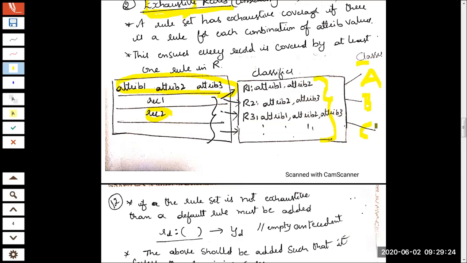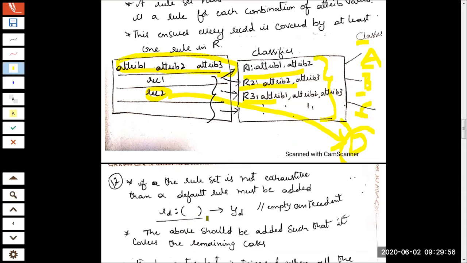How will it do this particular task? Based on the rules. Now what if this record does not belong to any of the classes A, B, C? In that case, we will have something as a default class. In my example, I will call class D the default. So an input data object or a record which does not belong to any of the classes will go and sit inside the default class.